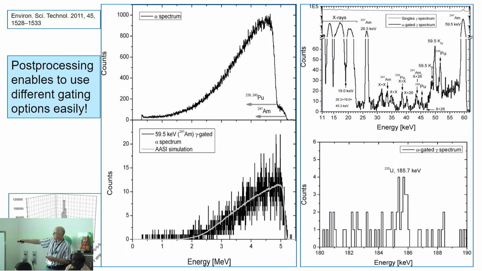From the same spectrum, we look through the area from 180 to 190. So we try to look around: is any uranium-235 signal present? In the normal spectrum, we cannot see anything.